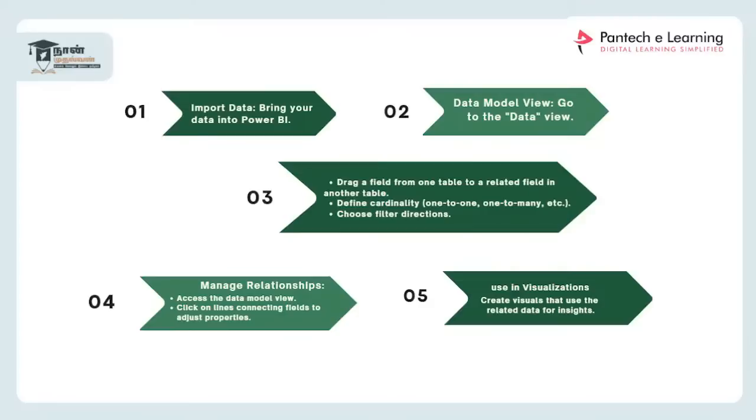Next, we drag a field from one table to another, creating the coordination of one value to another and choosing the filter directions, and we manage the relationship. The relationship means which data is dependent or independent.